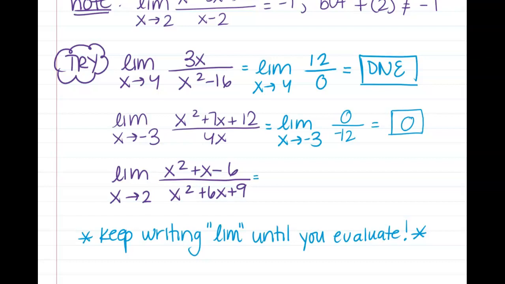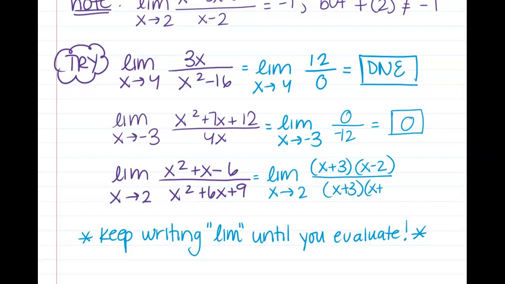And for this last one, okay, so if you straight up plug it in, you get 0 over 0, which tells us a whole lot of nothing. So let's try again. Let's factor. So the limit as x approaches 2, if we factor this, x plus 3 times x minus 2 over x plus 3, the x plus 3 cancel out, our hole or removable discontinuity.